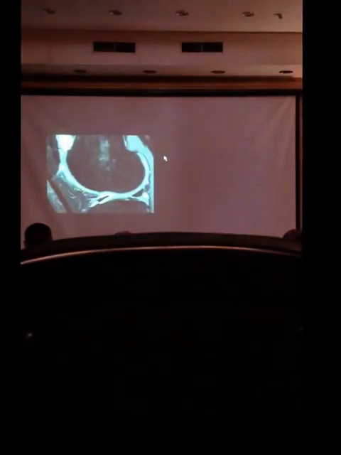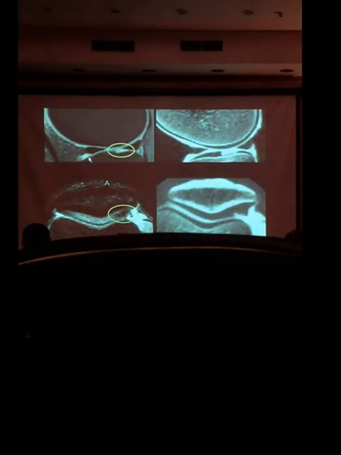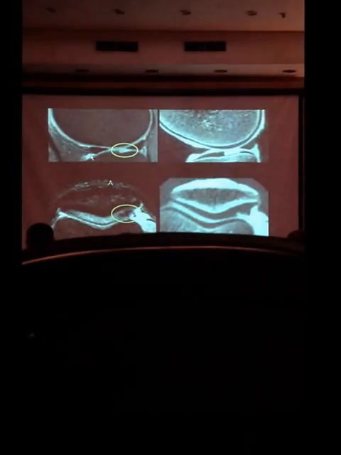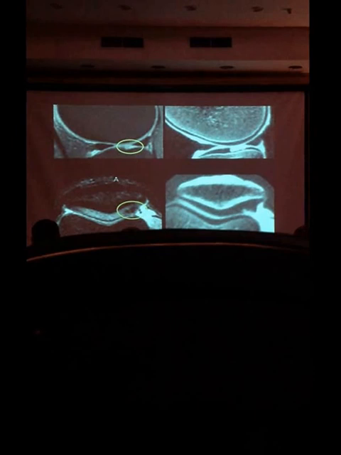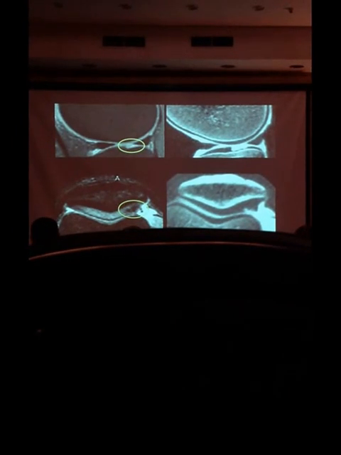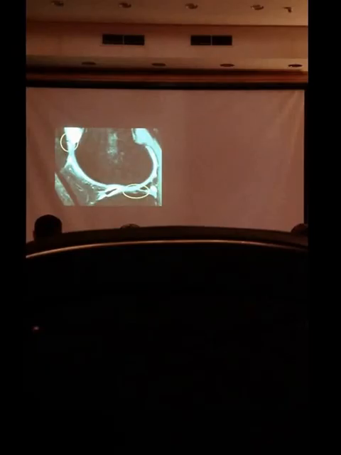But when we come back here, I'm sorry for that, we see that the synovial fluid is not displaying high signal intensity. It has some T1 contamination in the sequence. This was a problem of manipulation of contrast. And that's what I told you before. It's very important to know how to manipulate contrast. This is an example I already showed you.